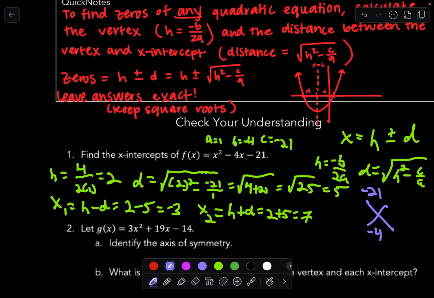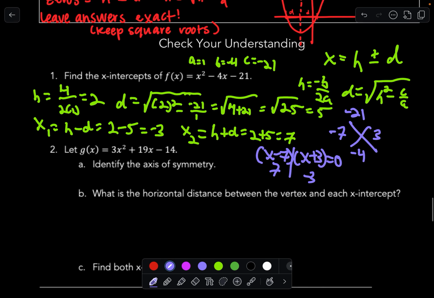That turns out to be -7 and +3. So we could have written this as x minus 7 times x plus 3 equals 0, and that gives us 7 and -3, just like we got from the quadratic formula.